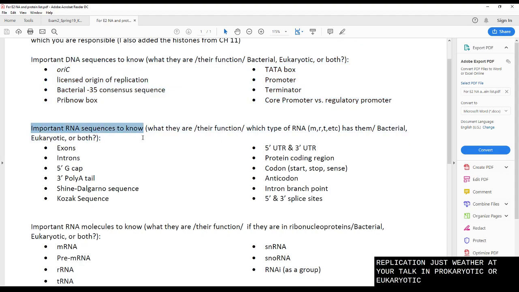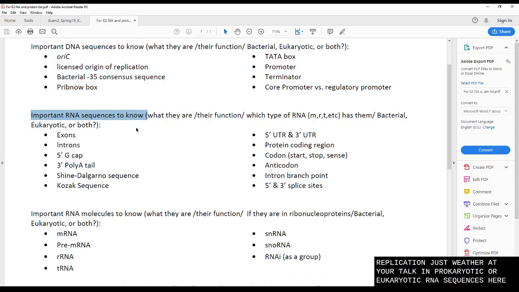And then the RNA sequences here: understand, again, if they are in the post-transcriptional modification step, so that's splicing, 5' capping, and the poly A tail.